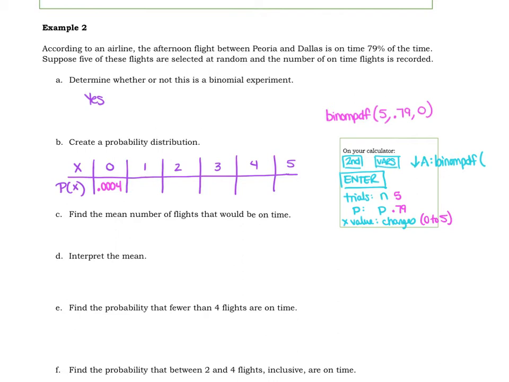It should copy and paste the last thing that showed up on your screen. You can arrow back over a couple of spaces, change that 0 to a 1, and hit enter again. It will give you the probability that one flight was on time, 0.0077. Repeat that: second, enter, change the 1 to a 2, and then get that probability.